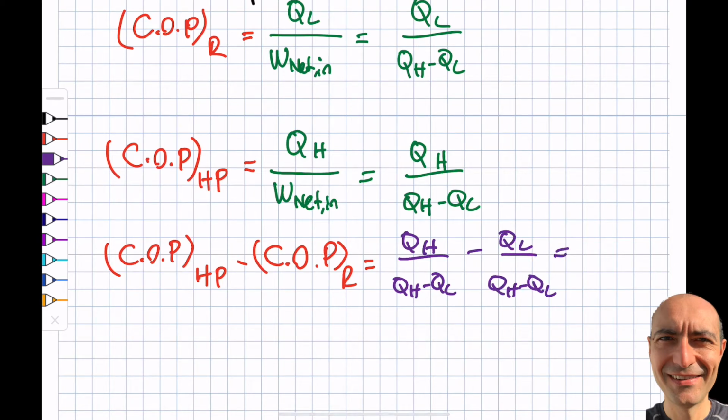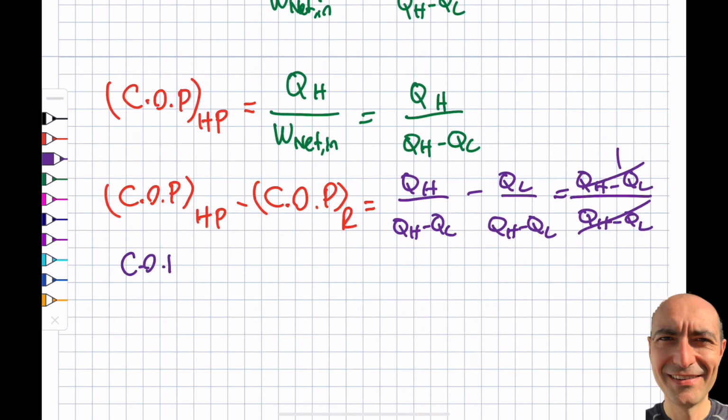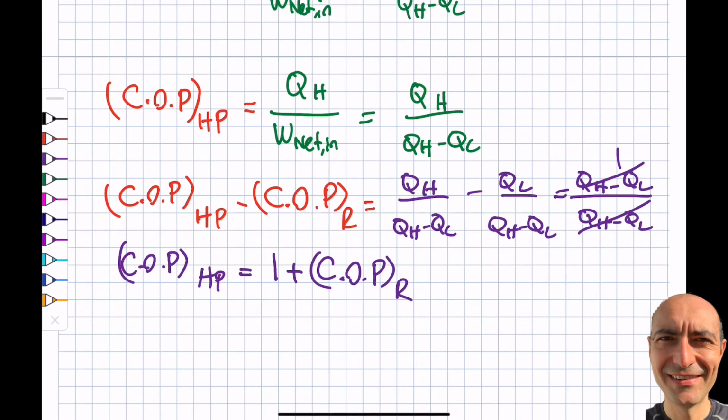Okay, this becomes (QH minus QL) divided by (QH minus QL), obviously this becomes 1, right? So COP of HP will be then 1 plus COP of refrigerator, okay? As you can see from here, the coefficient of performance of a heat pump by definition will be more than 1, okay?